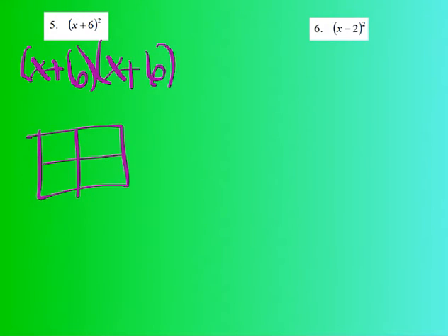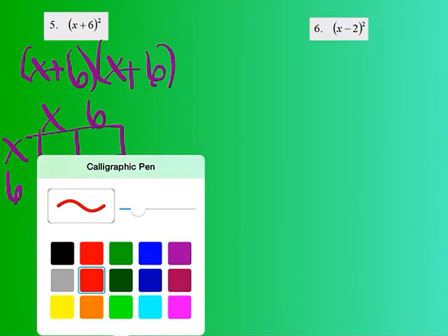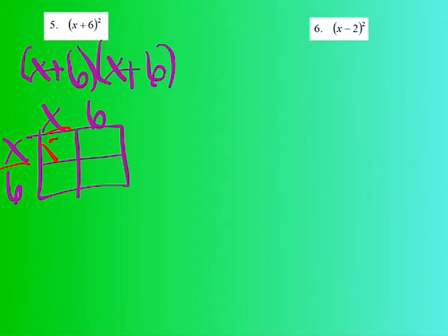So when I have x plus 6 quantity squared, since the entire parenthesis is squared, that's actually the same as x plus 6 times x plus 6. So this is a type where you need to use the box or FOIL. Then I'm really going to have the same thing on both sides. x to the first times x to the first is going to give me x squared. 6 times x is going to give me 6x. 6 times x is going to give me 6x.